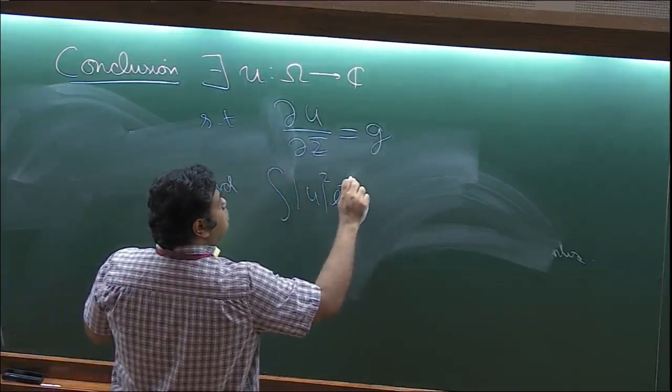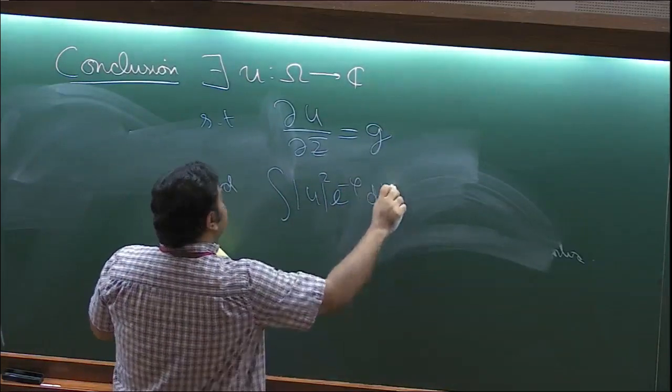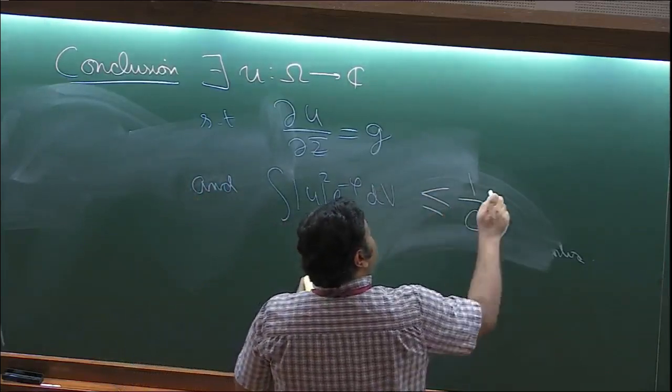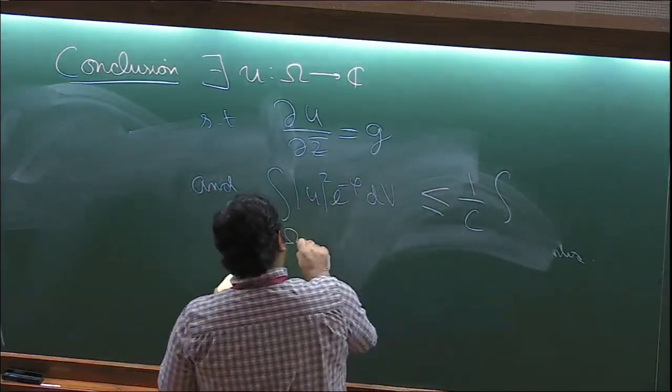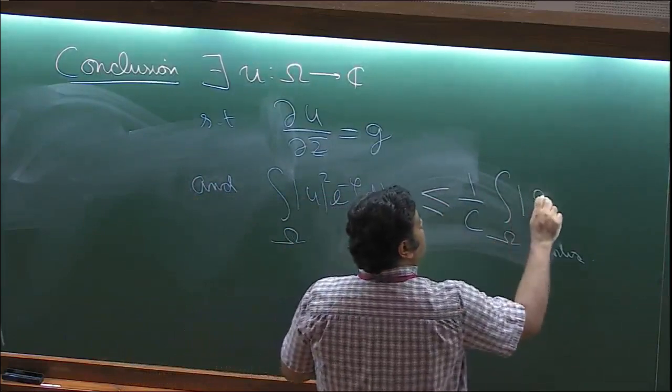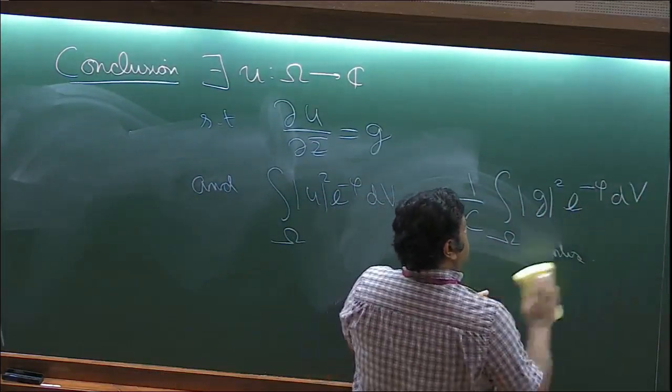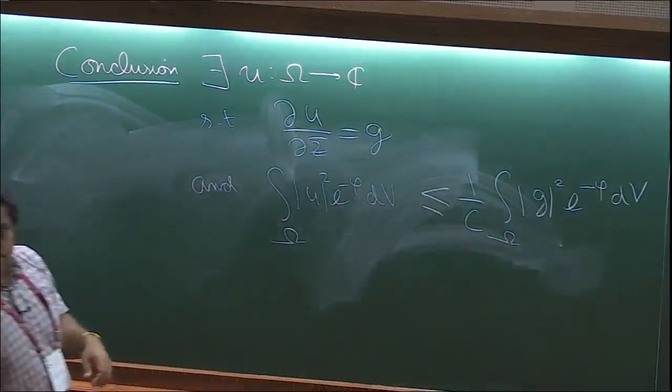So the integral of mod u square e to the power minus phi dv is less than or equal to 1 over c times the integral of mod g square e to the power minus phi. Is that clear?